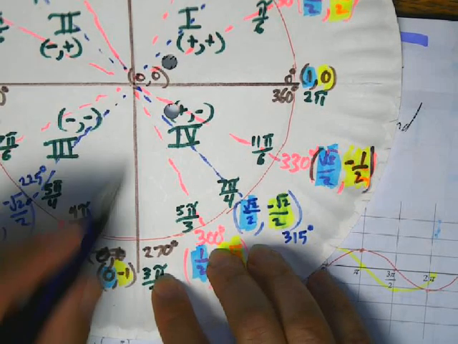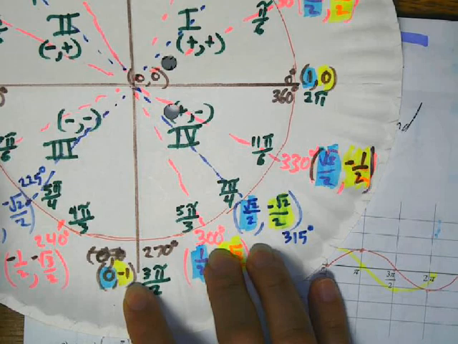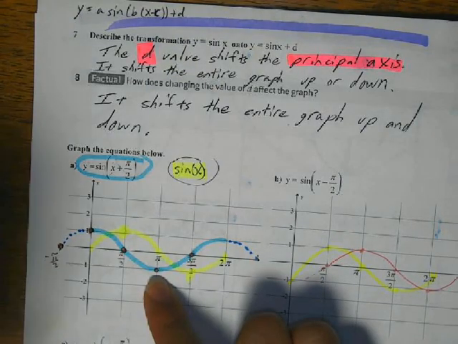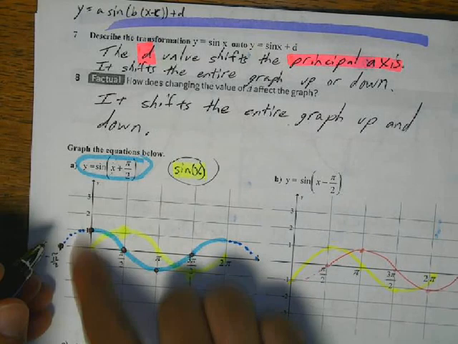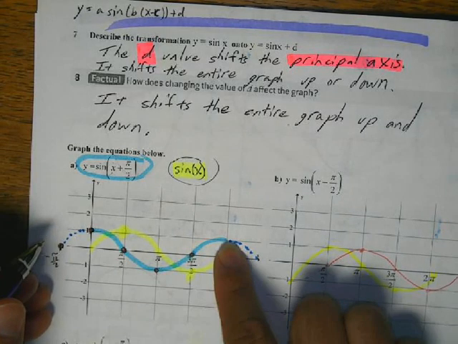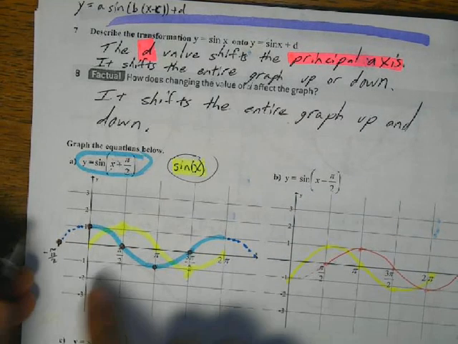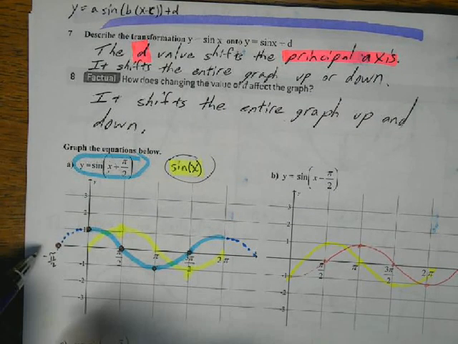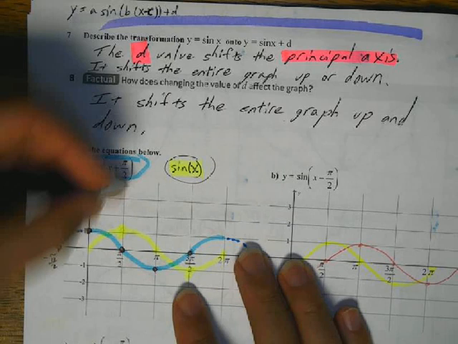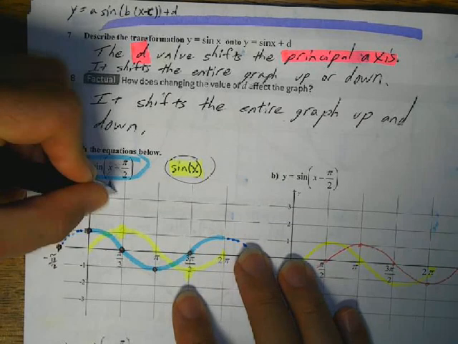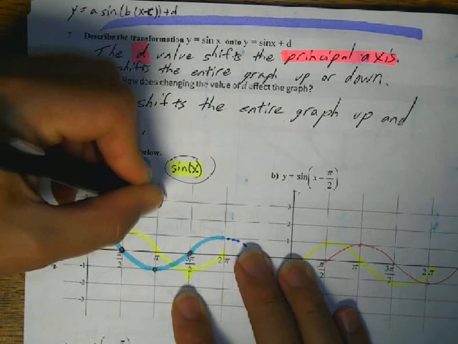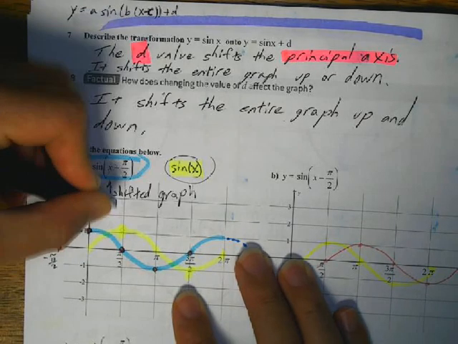So sine of 3 pi over 2 is -1. So now I've got this point here at -1 for my blue graph. And as you can see, it basically shifted the graph to the left.